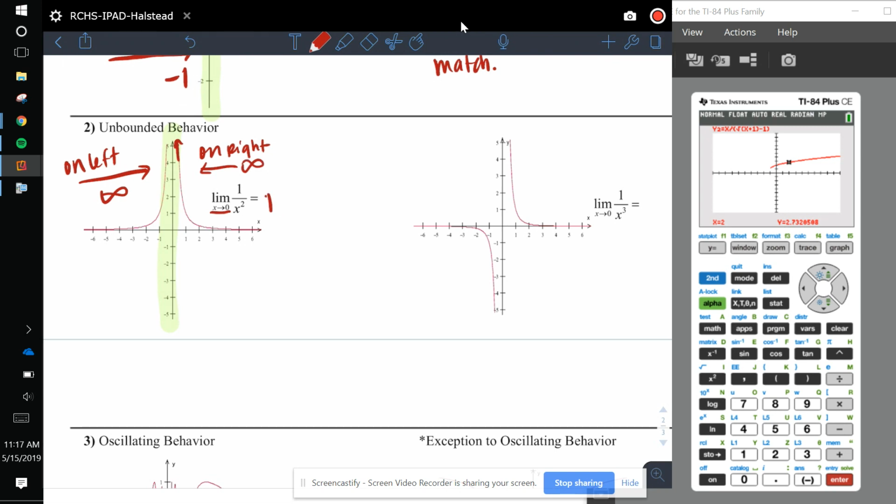That's unbounded, so the limit does not exist. The limit has to be a finite number, not infinity, and it has to matchy-matchy.